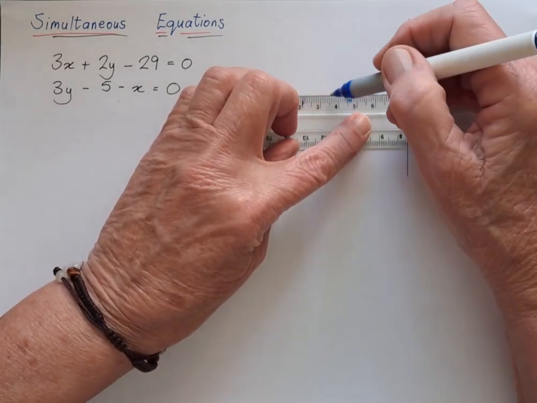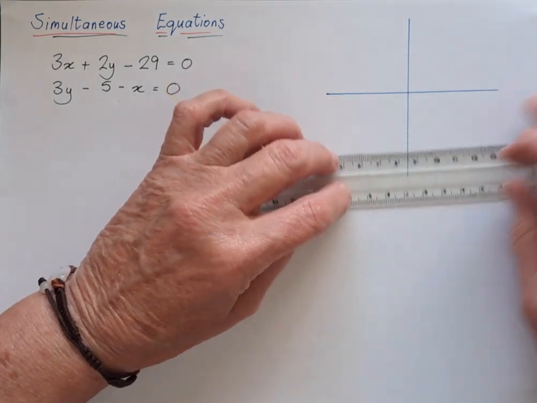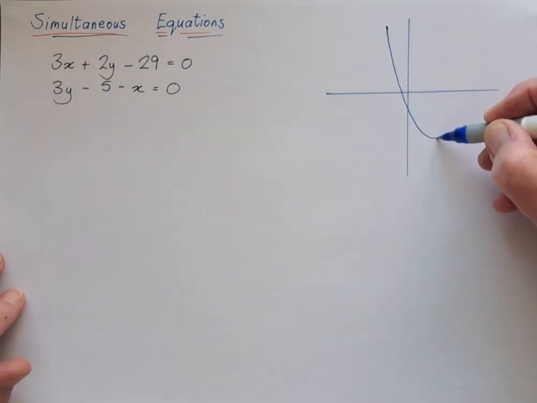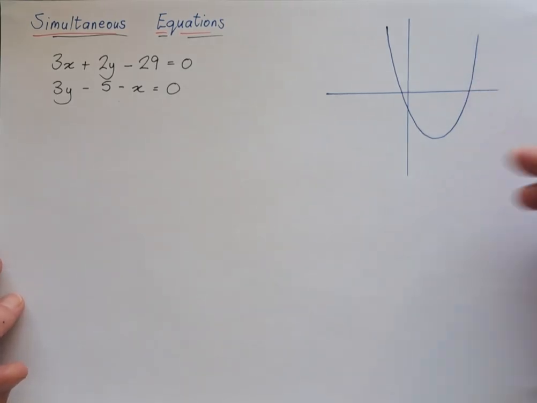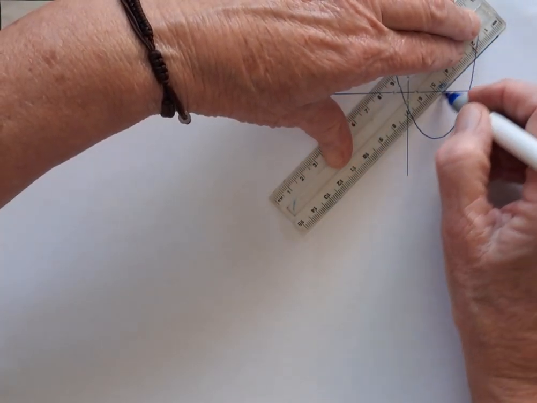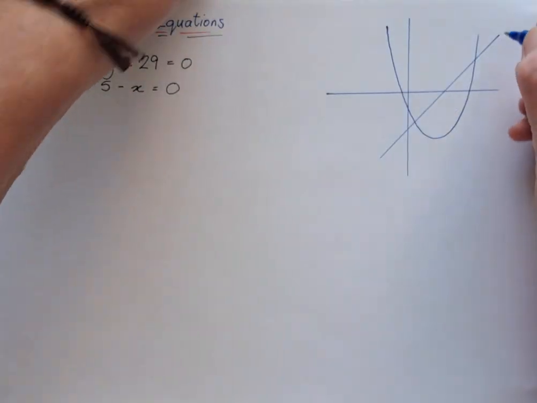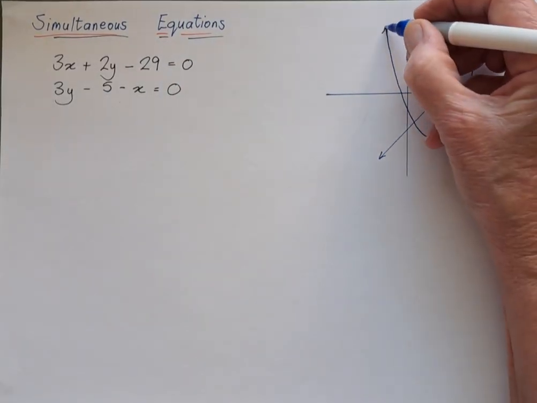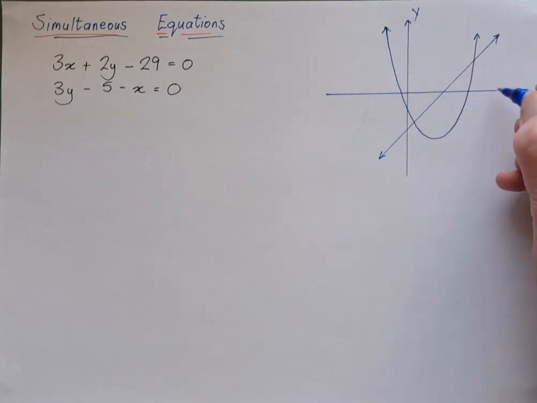But if we were trying to find the points of intersection, say for instance between a parabola and a straight line graph, first of all you'll notice that here we've got 2 points of intersection occurring.